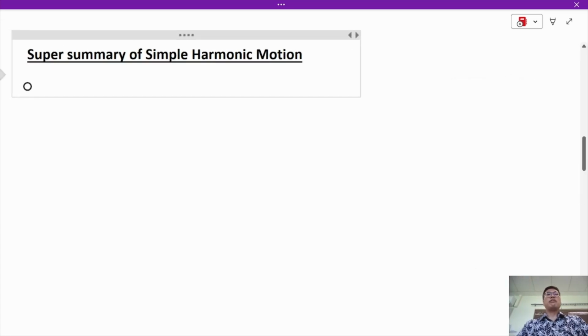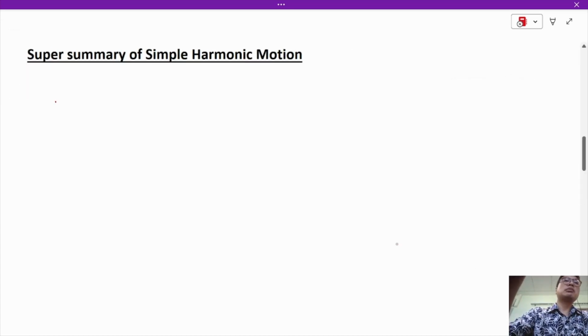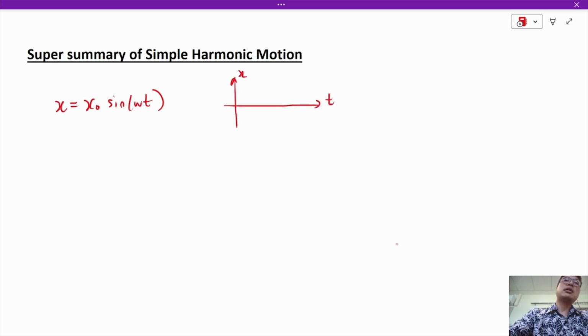Okay? Now, first of all, we start with the displacement-time graph, which is x equals x naught sine omega t. Do you remember that? So we'll have x and then we have t. This is a simple sine graph with a t over here and x naught. Next, we get the velocity graph.